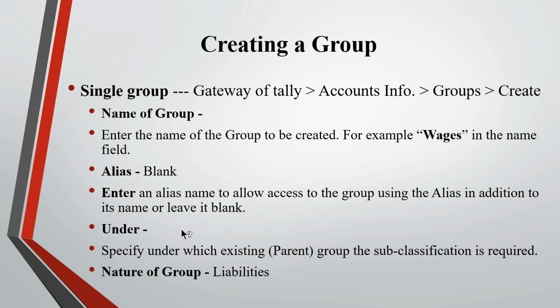When we set this to Primary, then what happens? The nature of the group will be available on the screen. There we can select liabilities. If this is set to direct expenses, this will not appear. Which will not appear? The nature of the group will not appear. We will see this practically once we go back to Tally.